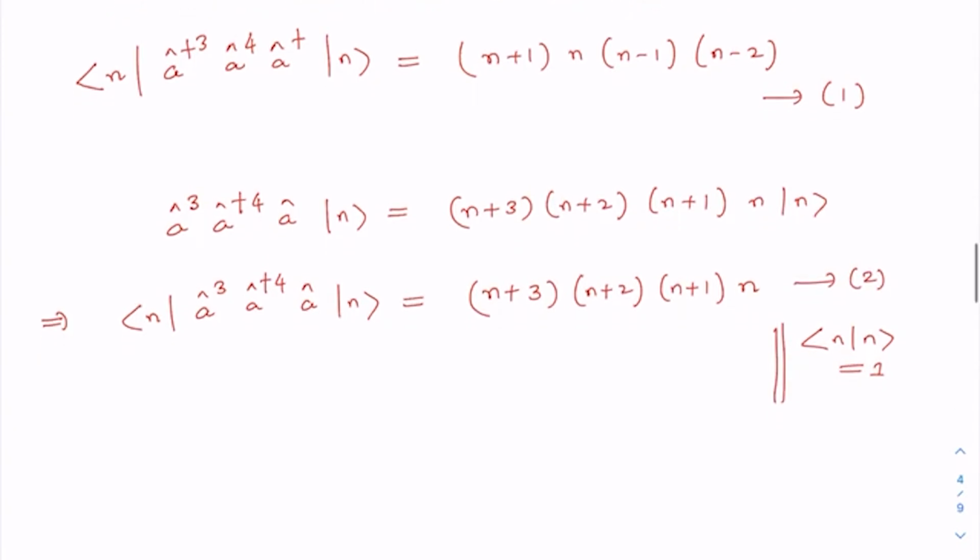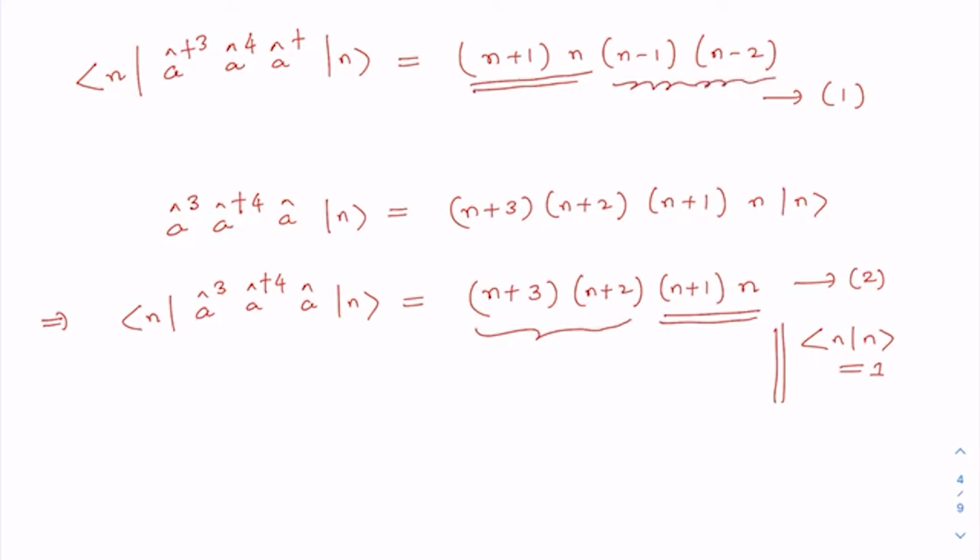Now if I compare equation number 1 and 2, you will see that (n plus 1) n is common to both. So if they have to be equal, I have to multiply equation 1 by this one and equation 2 by that one.